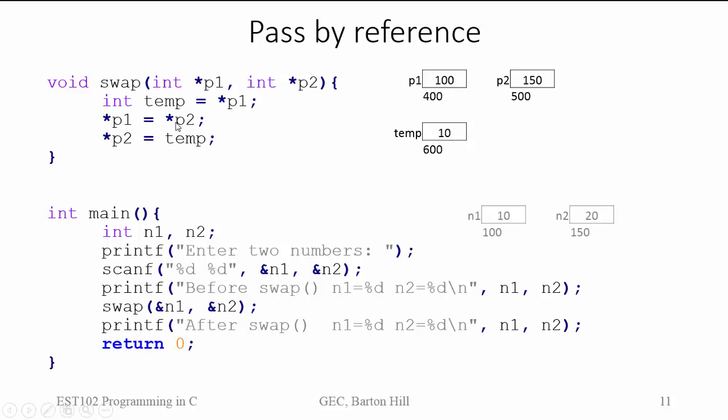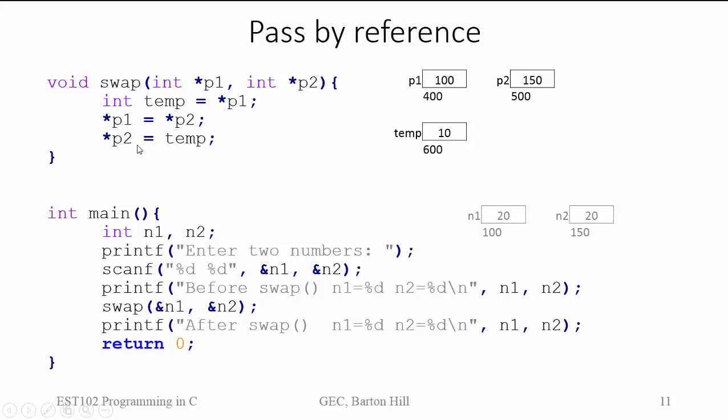Then star P1 equal to star P2, that is, the value at the address of P1, that is the value at 100, will be equal to the value at the address of P2, that is 150. So the value in 150 will be stored in n1 when this statement is executed. The value at address 150 will be stored at address 100, so it changes to 20.